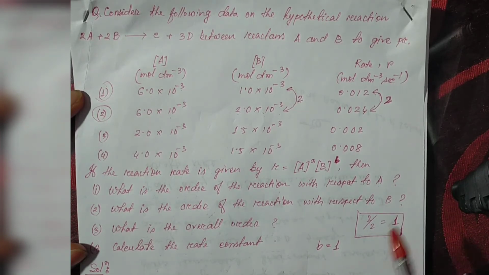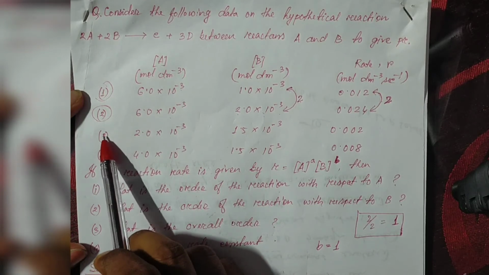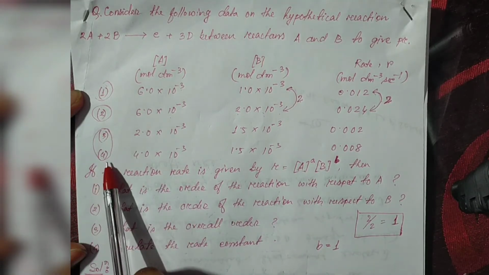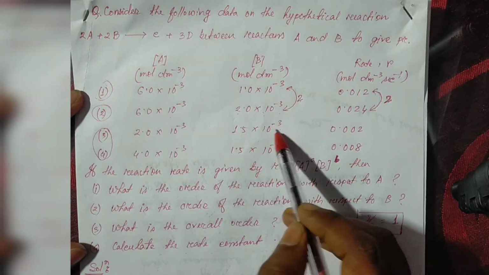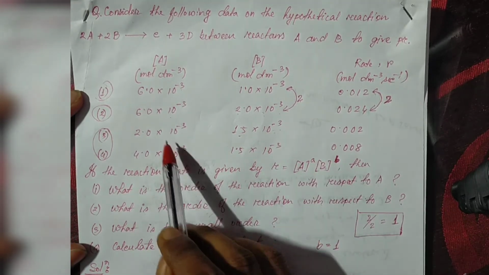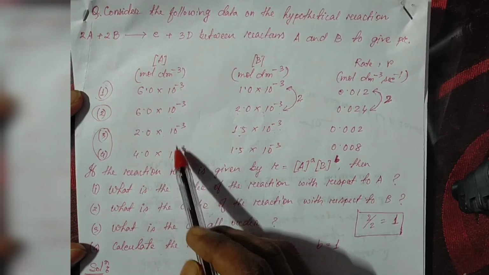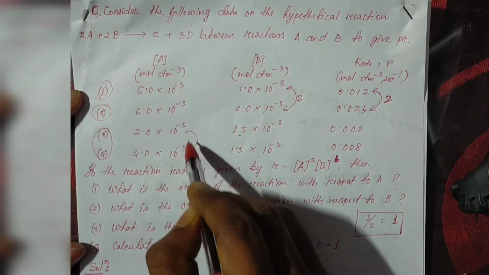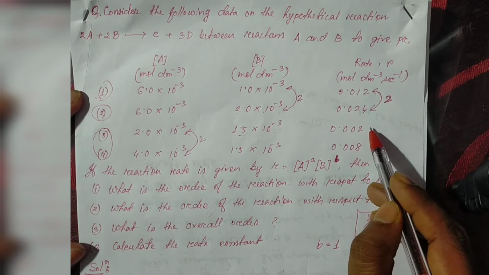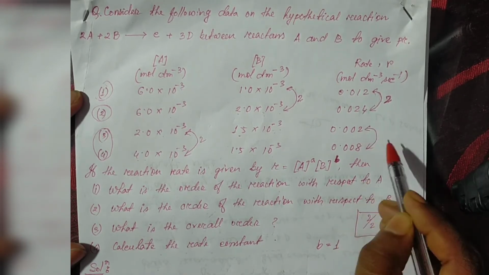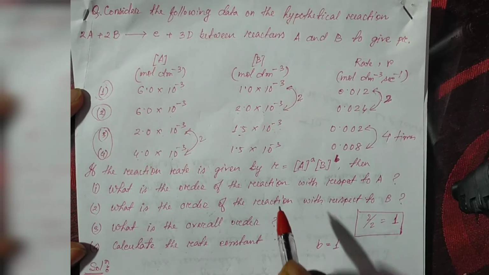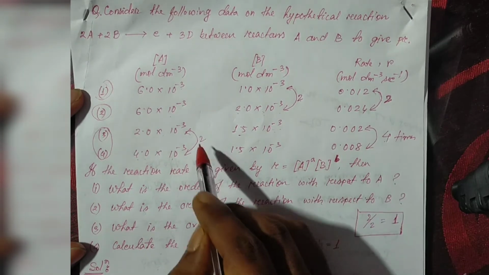In the next case you have to compare experiments 3 and 4. Here the concentration of B is the same in both, but the concentration of A is double, 2.0 and here 4.0, and the rate increases 4 times. So you divide 4 by 2.